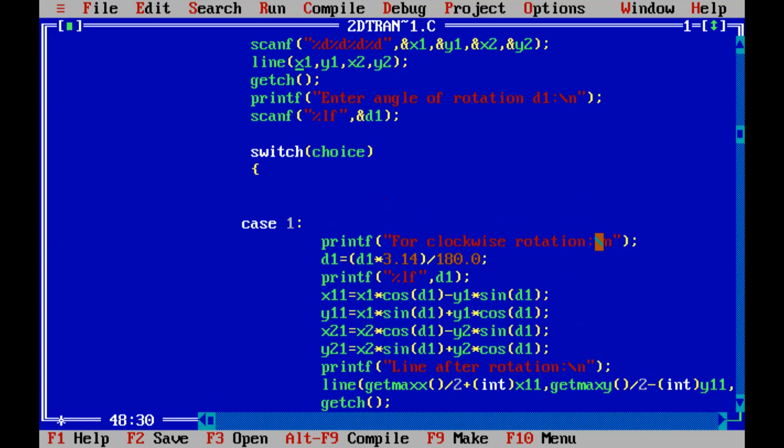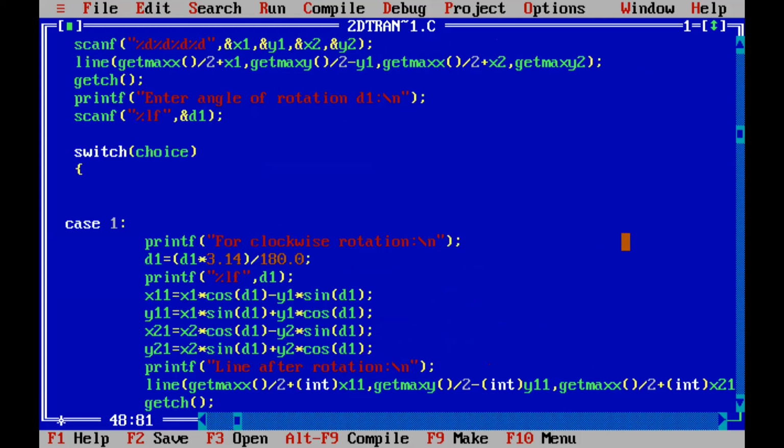And get max x by 2 plus x1 and get max y by 2 minus y, get max x again.